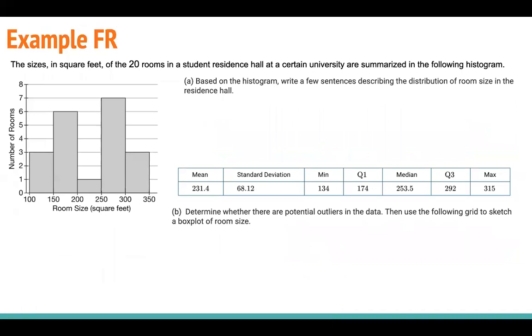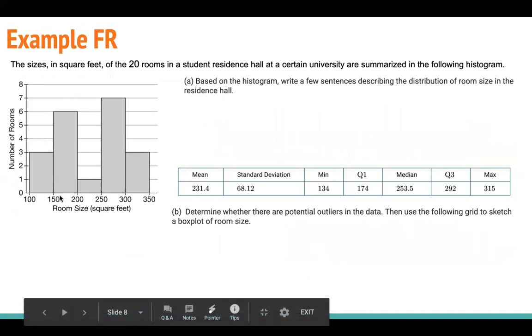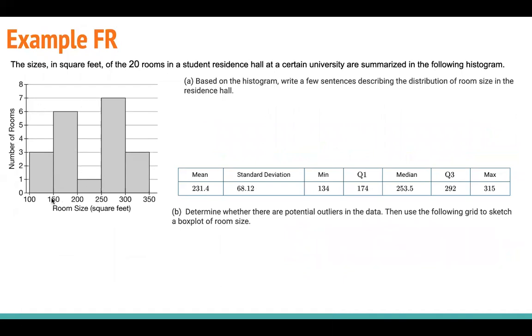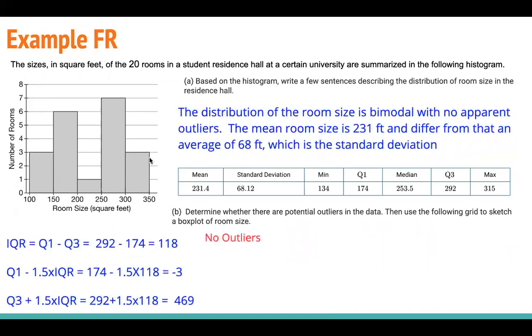Here I have the 20 student residence hall at a certain university, and it's summarizing the room size in square feet. Let's go ahead and describe it. I can clearly see a bimodal shape, and I don't see any apparent outliers. I'm going to use the output below to use specific numbers for my center and spread.